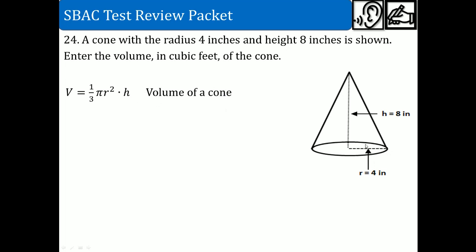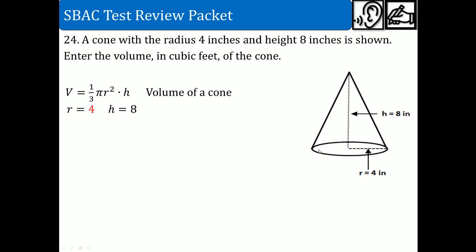It is stacking the same two-dimensional object, which is the circle, which is pi r squared, by a height of h, but we throw in the multiply by 1/3 because the two-dimensional object that we are stacking is decreasing in size. That is the reason why it's 1/3. This is like a cylinder, but the object that we are stacking is changing in size.